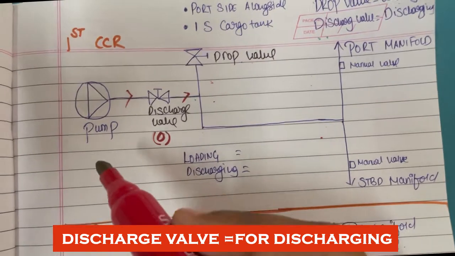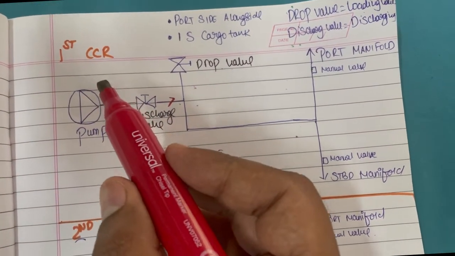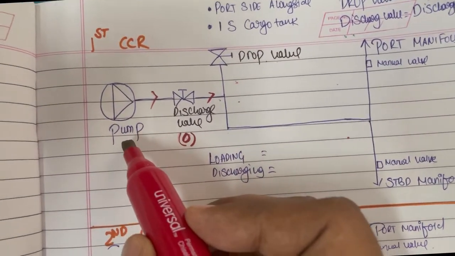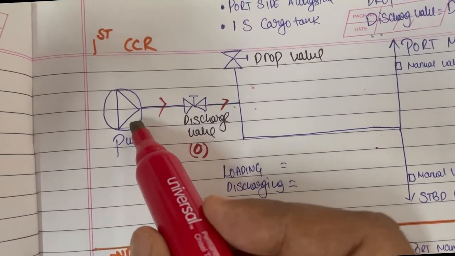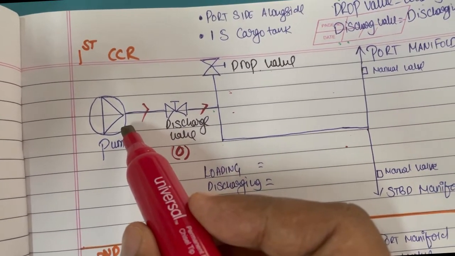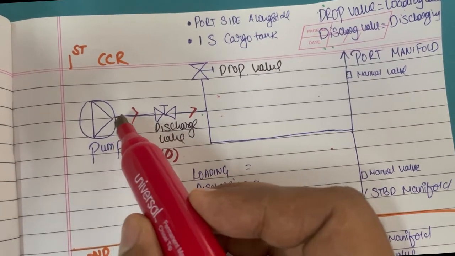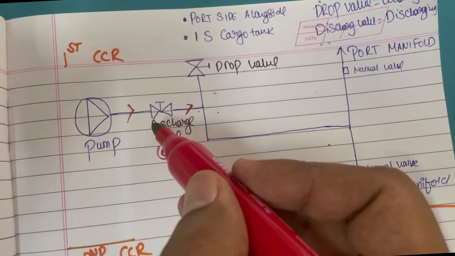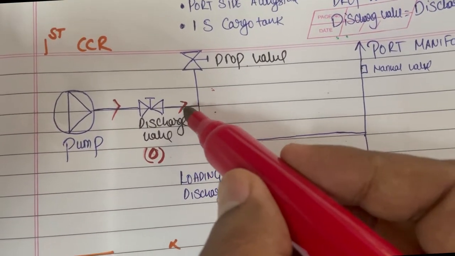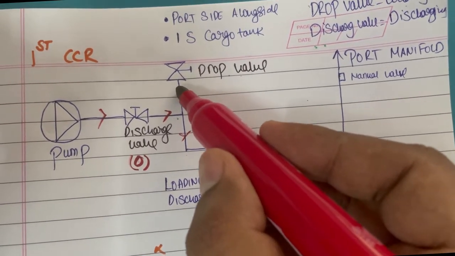So let us assume that we are discharging from this particular CCR panel, and that is one starboard. Always remember this: if you ever see this symbol, that means that is a pump. So if we are discharging from this CCR panel, first we will start the pump, the cargo will flow over here, we will open the discharge valve, then the cargo will flow over here and go in both directions, this direction and that direction.